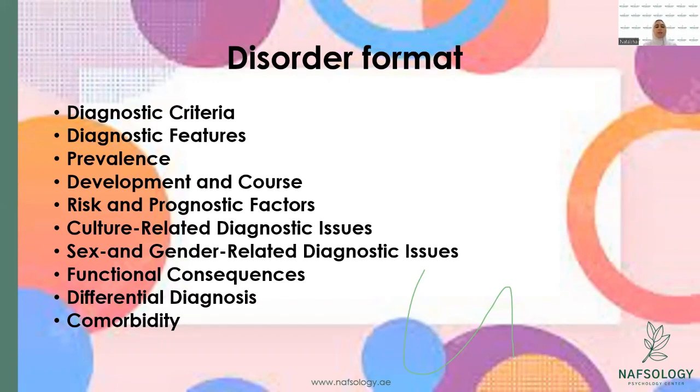And then we move on to the functional consequences. Now, this part of the DSM helps you understand what kind of functions in that person's daily life they are poor in. They're unable to function in their work life. They're unable to function in their married life. They're unable to function with their friends. They're unable to function with their children. All of those are their functional consequences.